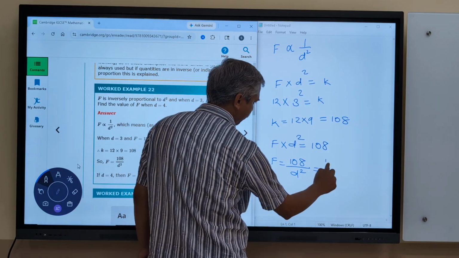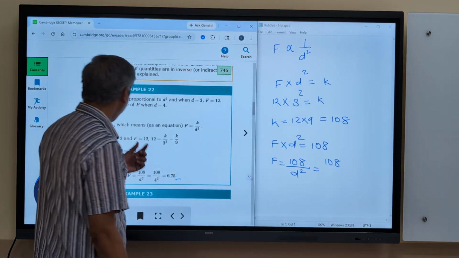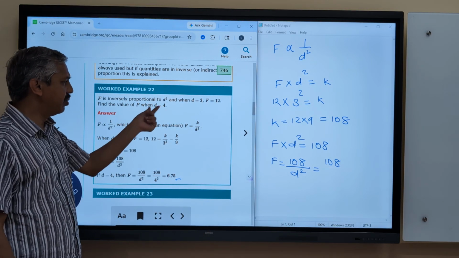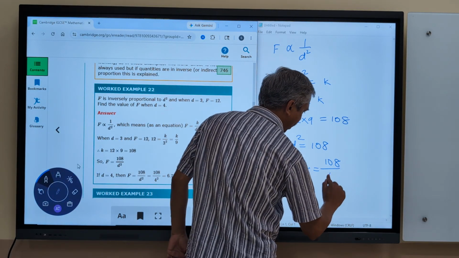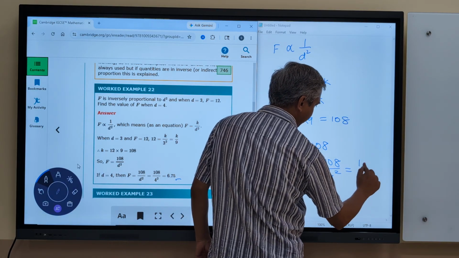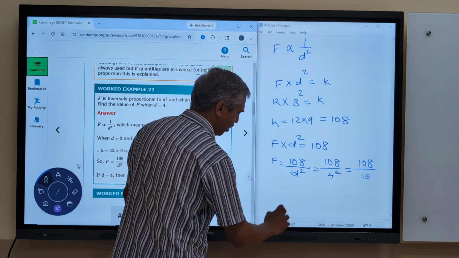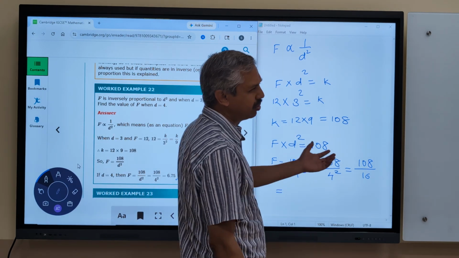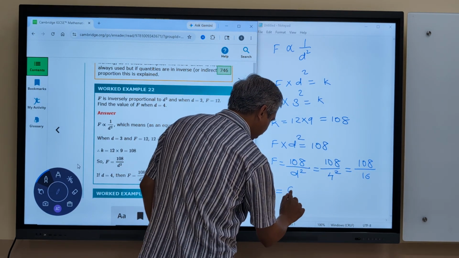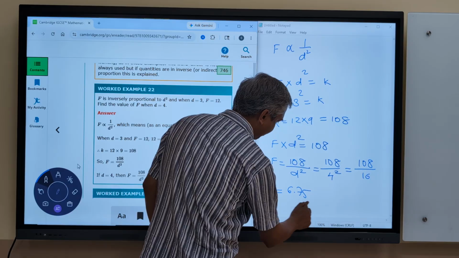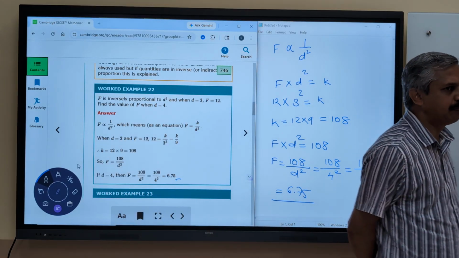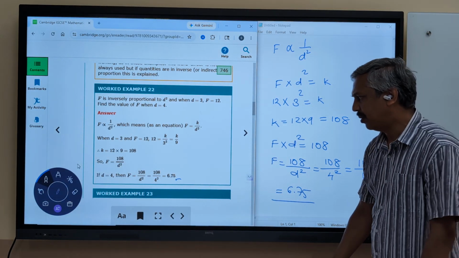We want to find out the value of f when d is equal to 4, so 108 upon 4 square. This is 108 upon 16, which is equal to 6.75. You can check this value.